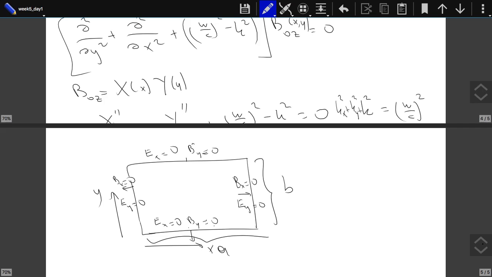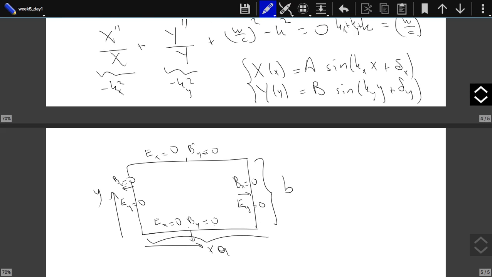And on all these surfaces, we have these conditions. So that basically tells me that Ex and By are just derivatives of this Bz, B0z. Well, the derivative of B0z should repeat itself. It should start from 0, and after some time it should become 0. So that is a condition on the derivative of Bz, let's say. But if I assume that this x double dot over x, y double dot over y to be a positive number, then the solution never repeats itself, neither its derivative.